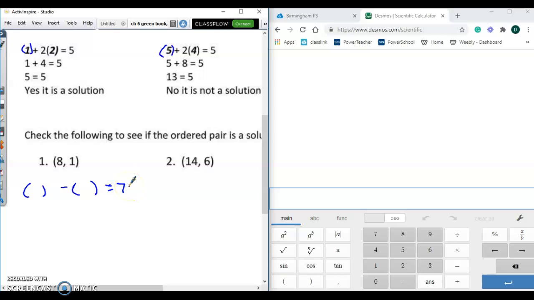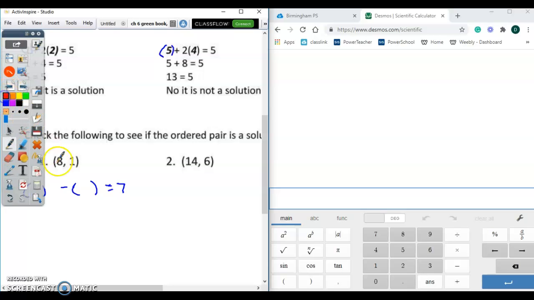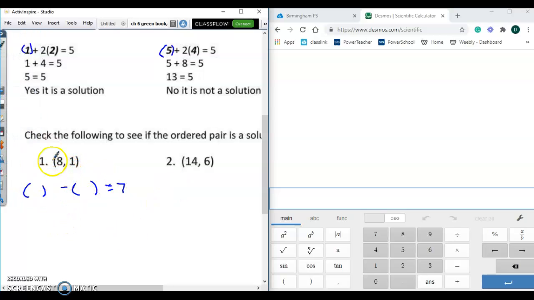Alright, so these are our setup for our substitution. And obviously we're going to plug in our x and our y in our ordered pair. So in this case, our x is 8 and our y is 1.